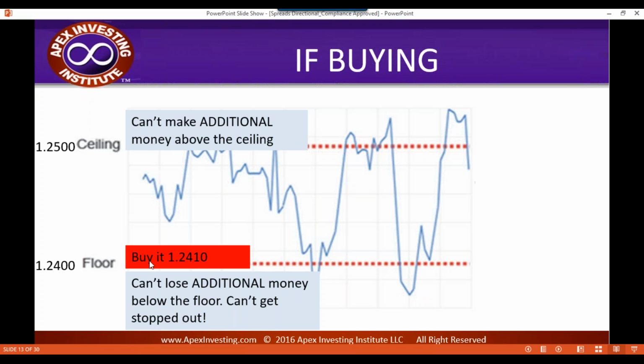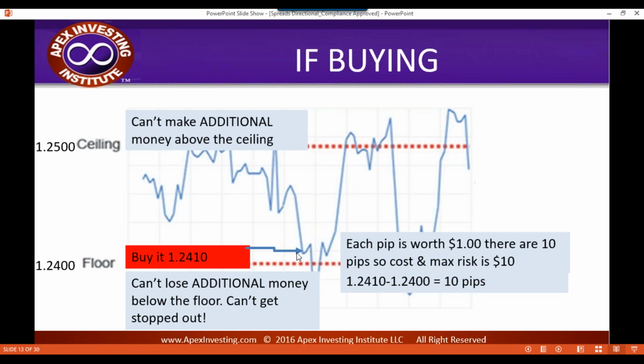So same type of example here. Let's say we buy close to the floor, at 24.10. The floor is at 2,400. So 24.10 down to 2,400 is only 10 pips, right? That's our risk, because each pip is worth $1 and there are 10 pips.